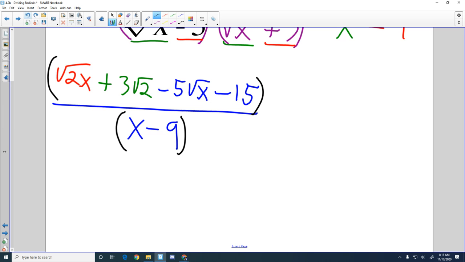So I guess the lesson here is we can't cancel out just like part of a polynomial, right? I couldn't simplify like the 15 with the 9 or the 3 with the 9 because they're all part of a bigger polynomial, and you can't cancel out part of a polynomial.